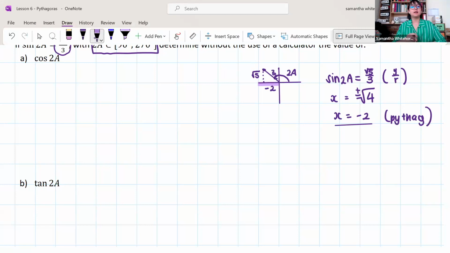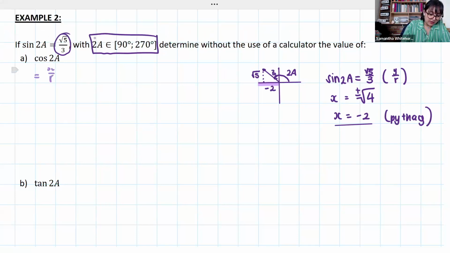You're not going to apply a double angle in this case because the actual angle that you are working with is already 2a. So cos of 2a, remember, is x over r. You've just worked out x to be negative 2, and r we know is 3 because we were given that. So that's all you need to do here because the angle given to you was 2a.